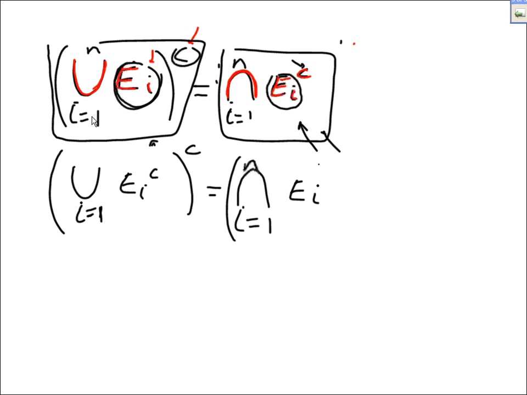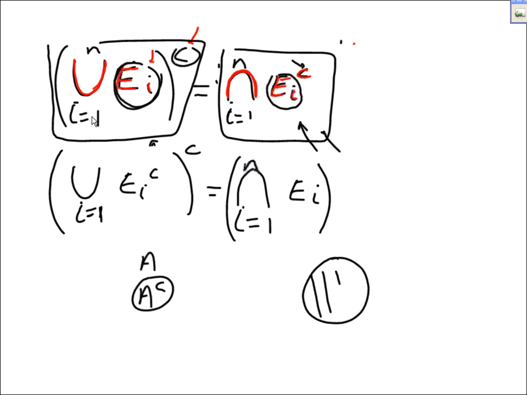Now, what's in each of these brackets is a set. In case you don't believe this, you have A, and now this is everything outside A. I don't want to draw inside, excuse me.